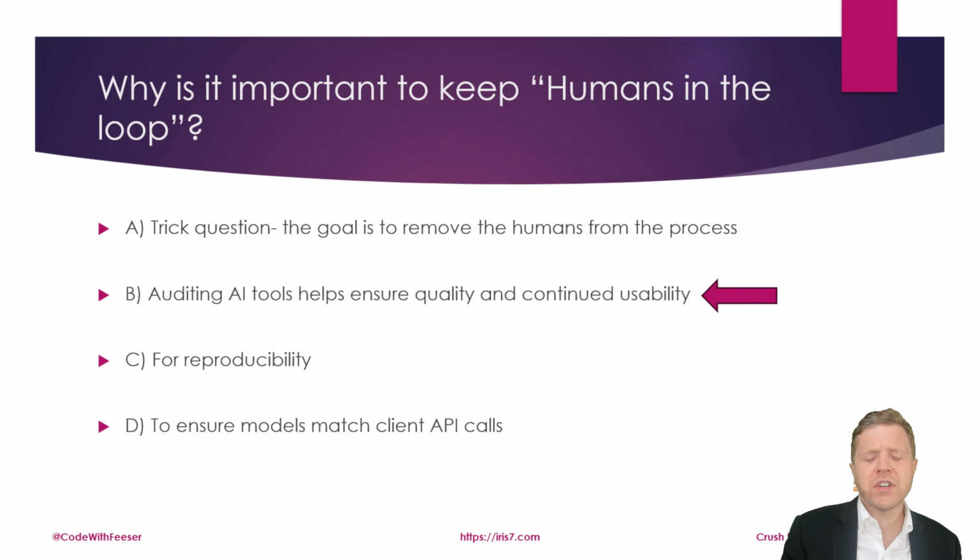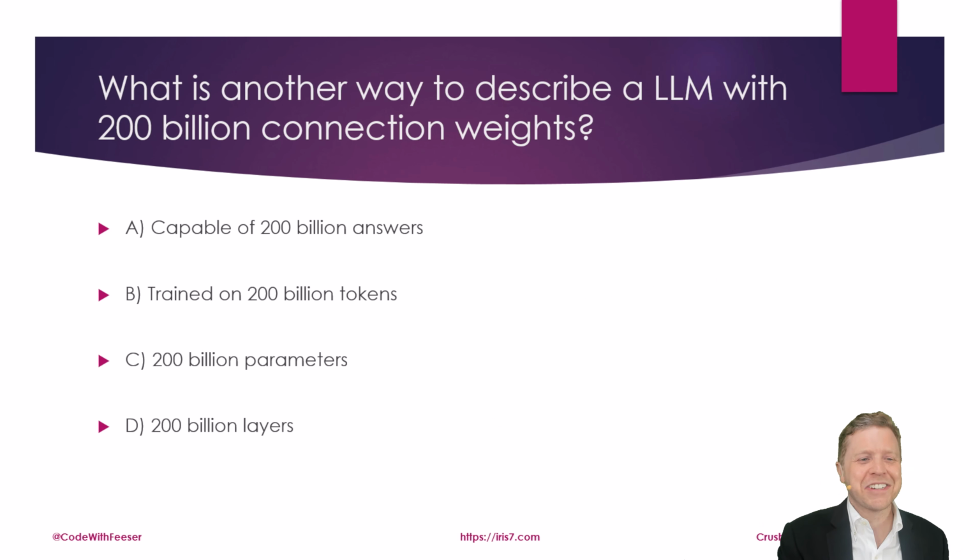So if you wanted to argue here, maybe the client API call is the use case, right? If the model can't respond to the data I'm after or the service I'm after, what good's the model? But that said, B is still definitely the best answer.